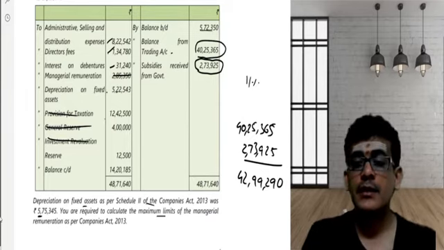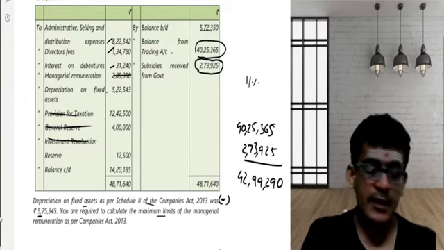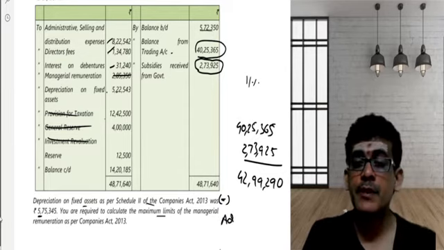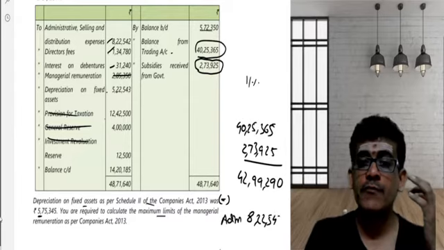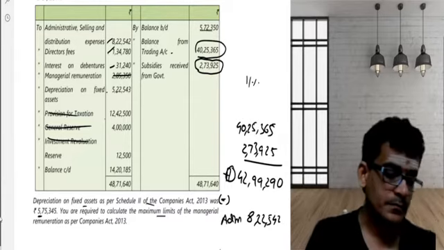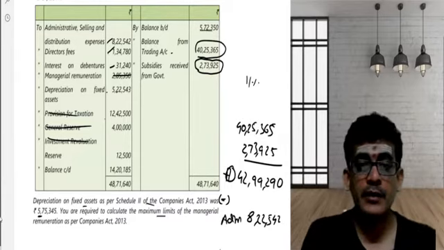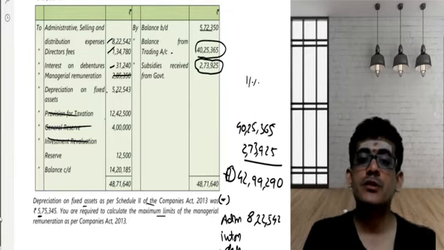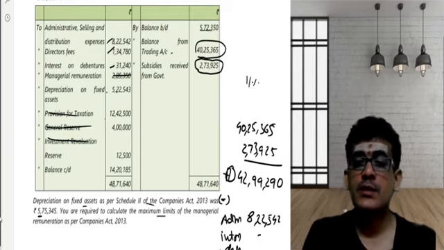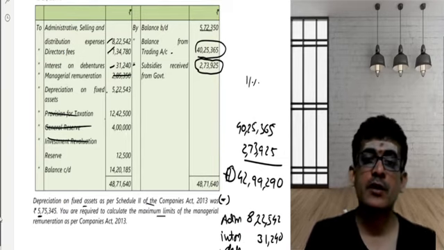So from these credits, I consider the debits. Less administration expenses, 8,22,542. Consider this as A. Then interest on debentures: 31,240 is the interest on debentures that we are considering.